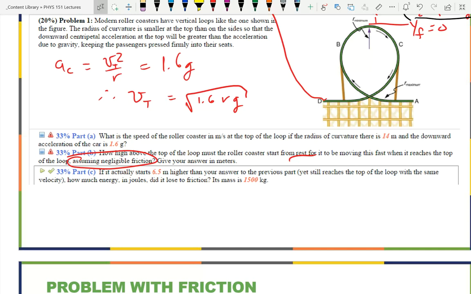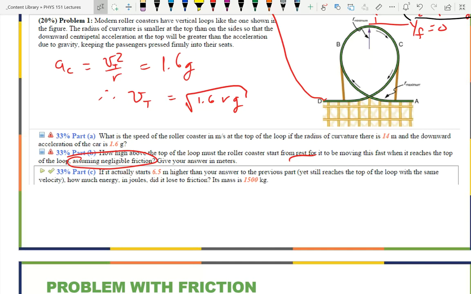I had to raise the elevation by 6.5 meters. If I raise the elevation, in terms of energy, what am I raising? Potential energy. How much did I have to raise that potential energy by? 6.5 meters times g times mass. Now mass is important. Yes.